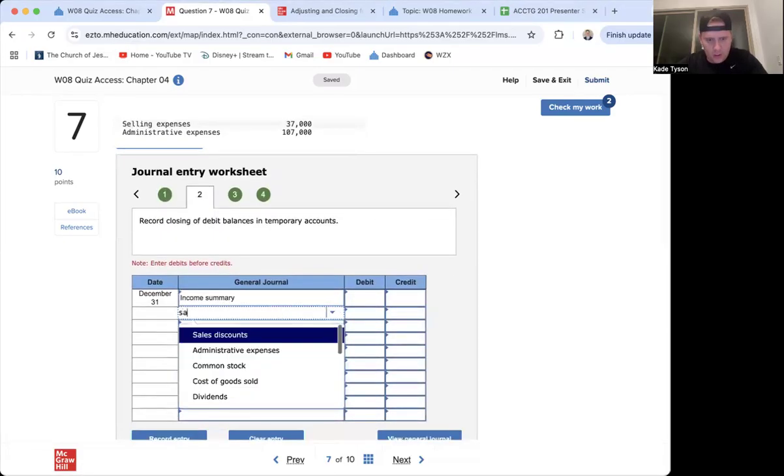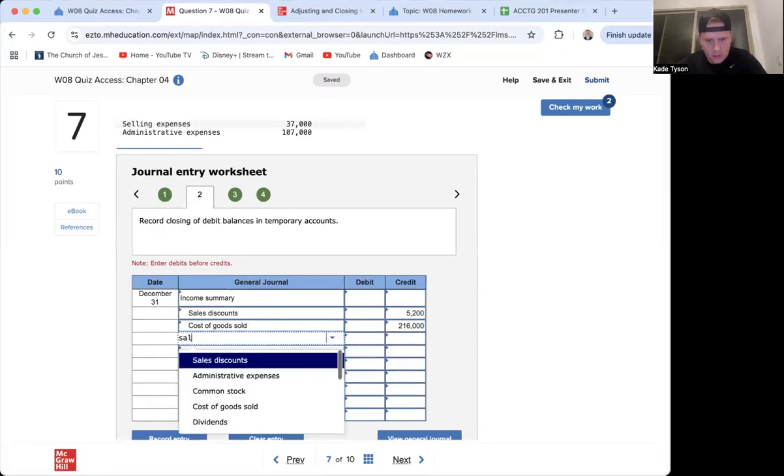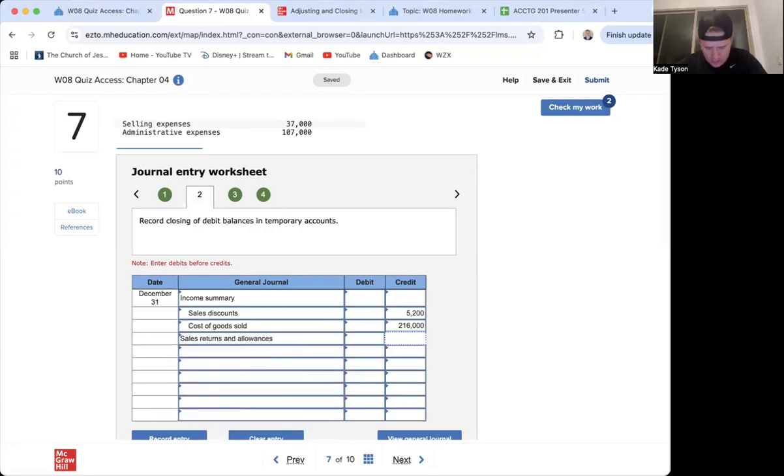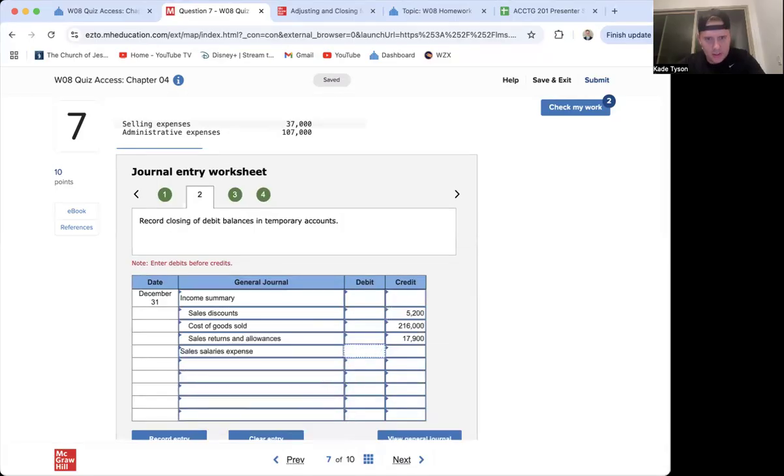So we start with sales discounts, and that is 5,200. We have cost of goods sold, and I've already got this written out, so that's why I'm looking down here. 216,000. We've got sales returns and allowances at 17,900. We've got salaries expense at 50,000.